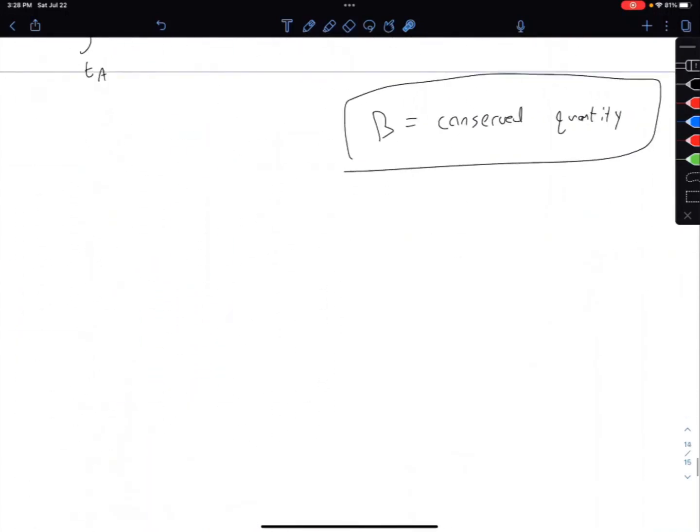So let me just recap what I did here. This gives us what is known as the Noether procedure.